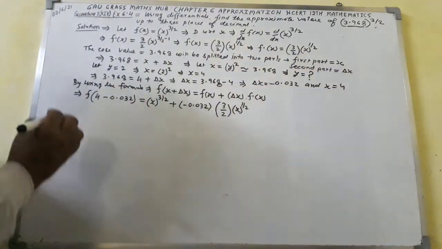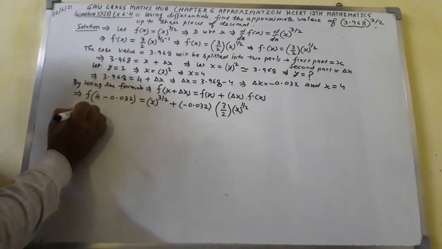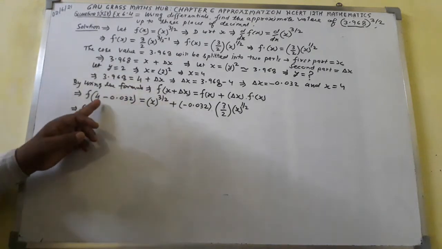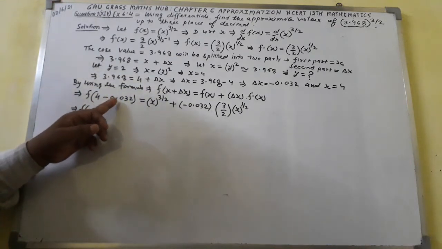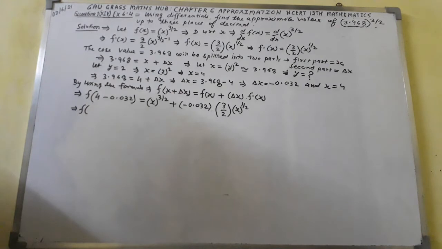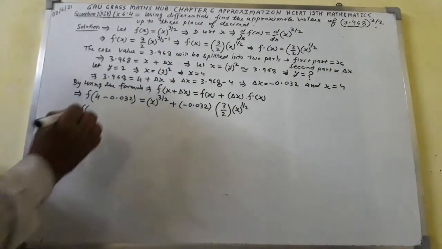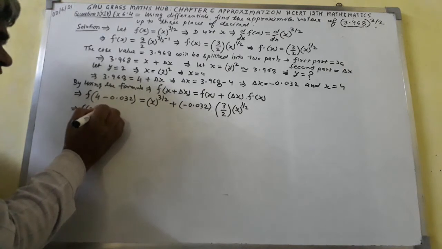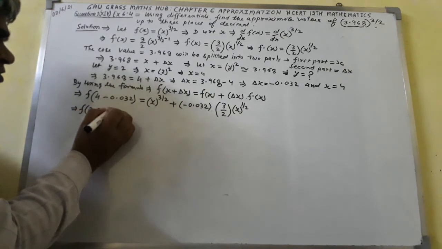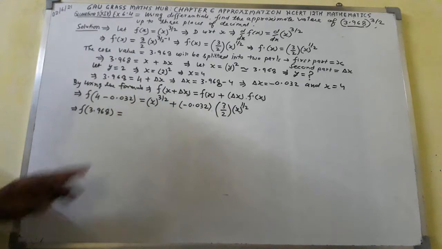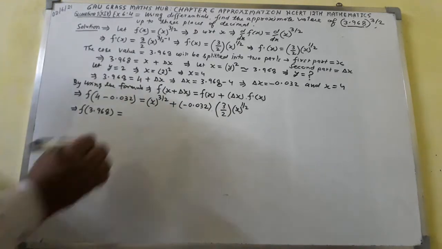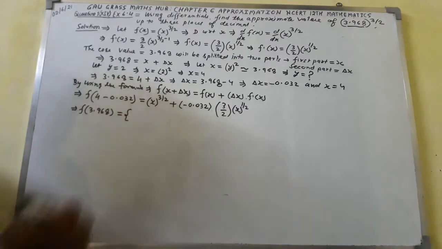What will we do here? Here you will get, do the operation here. 4 minus 0.032 comes out to be this one, the core value we have got. So here I shall write 3.968 equal to, what will we do here? Here open a curly bracket.